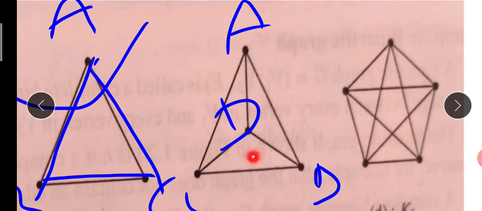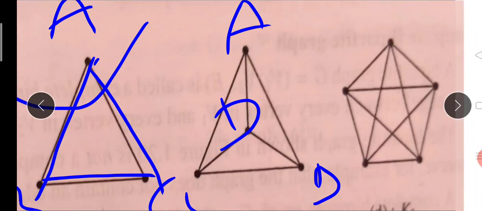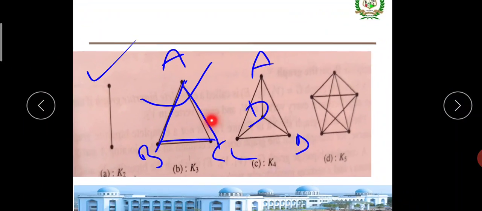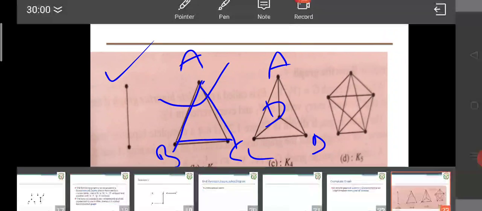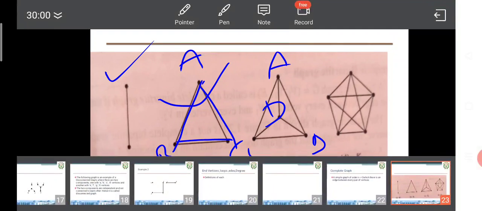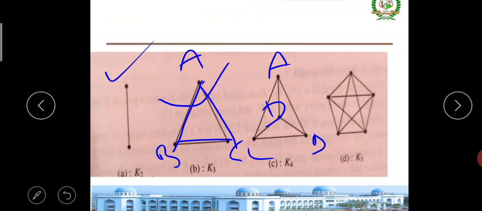B to A, B to D, B to C, an edge is there. C to A, C to D, C to B, an edge is there. D to A, D to B, D to C, an edge is there. So in this graph, there is a connection from one vertex to all other vertices, and no loops, no parallel edges. No doubt, it is a complete graph. What about the last graph?